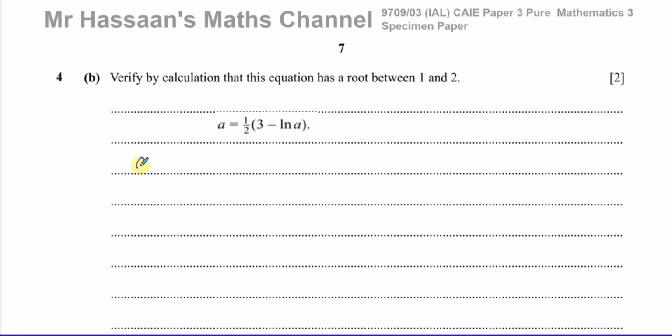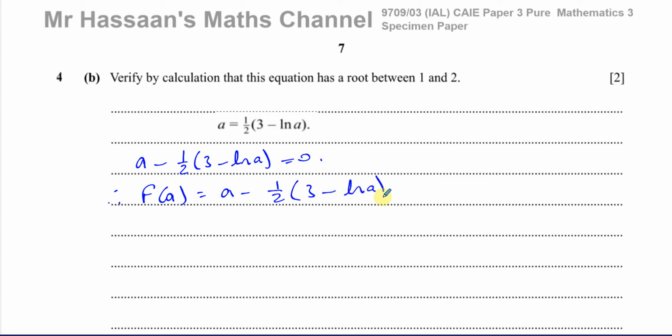I can write a minus a half times 3 minus ln a equals 0. If I want to make it simpler, I can multiply both sides by 2 if I wanted to, and that's fine, but I can leave it like this. Now let's call this a function f of x, or in fact in this case it will be f of a because the variable is a here, equal to a minus a half times 3 minus the ln of a.